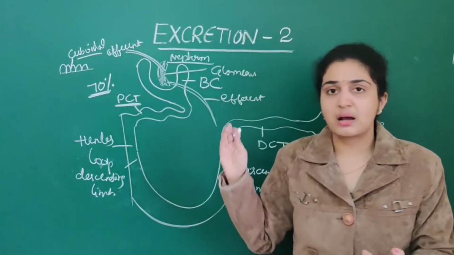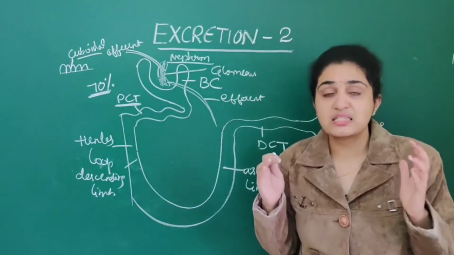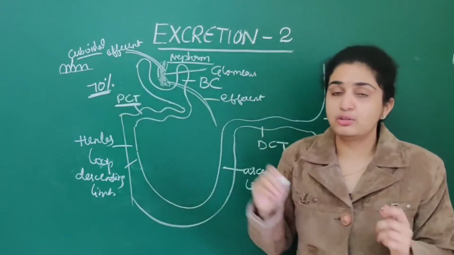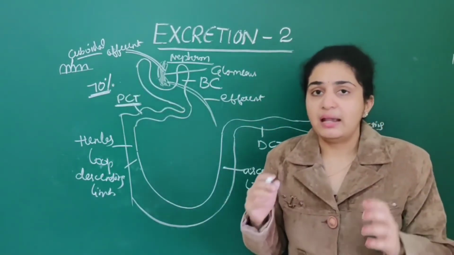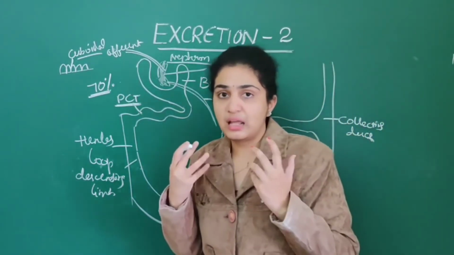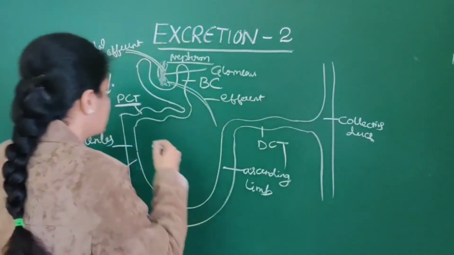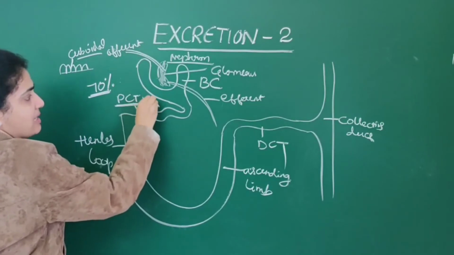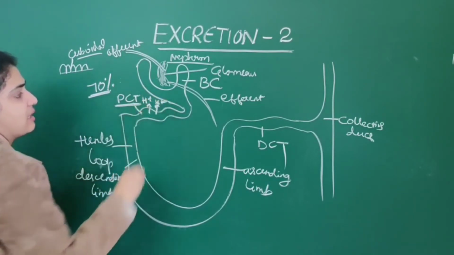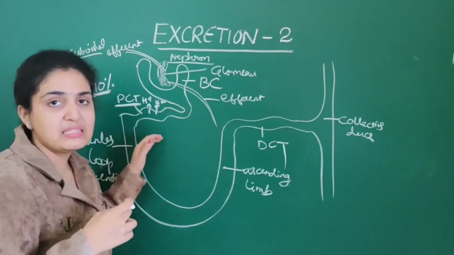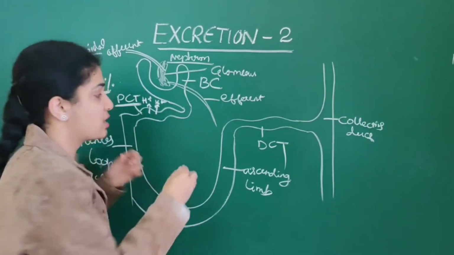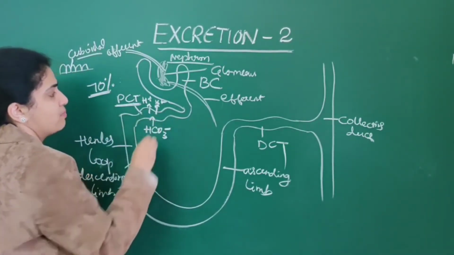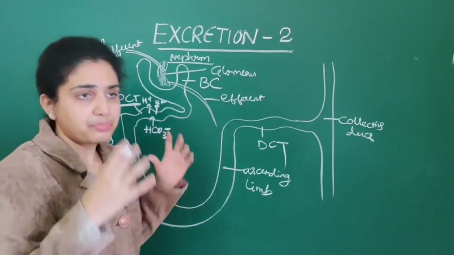Maximum electrolytes, 70%, as well as water, are absorbed through this PCT. It also helps in secretion of hydrogen and potassium, and in absorption of bicarbonates.